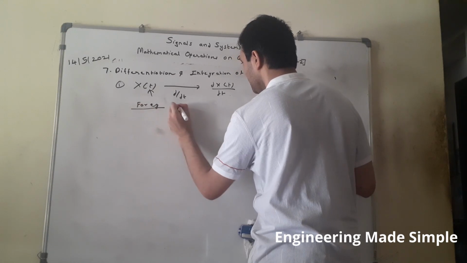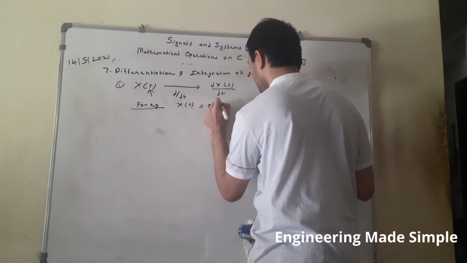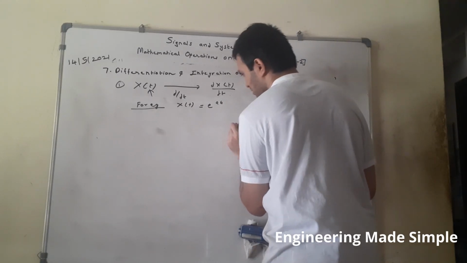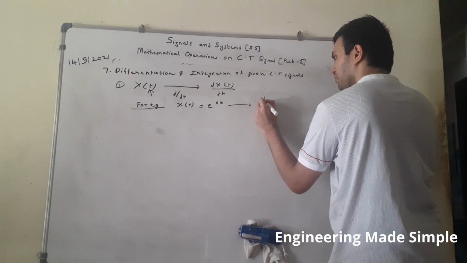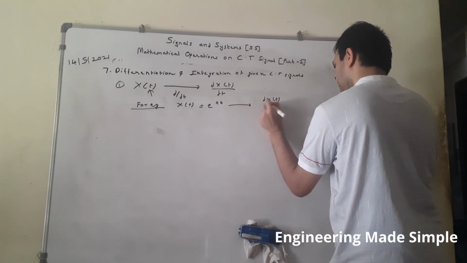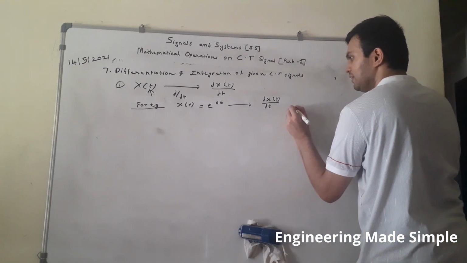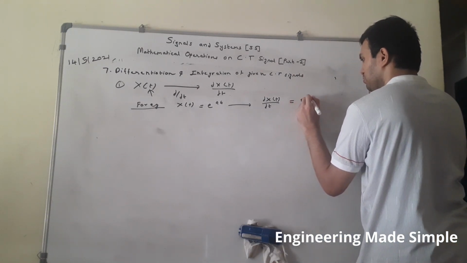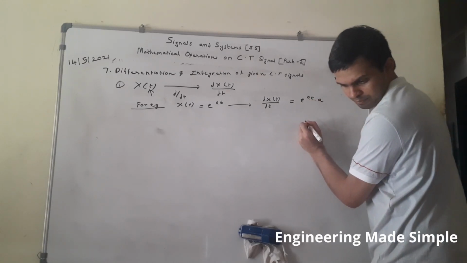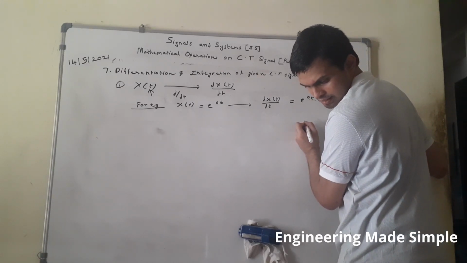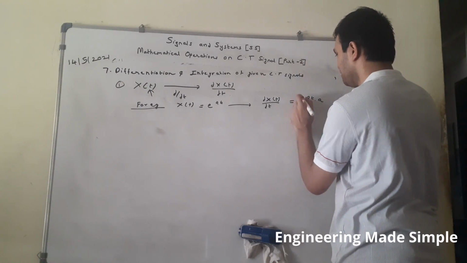For example, we have x of t equal to e raised to at. This is our continuous time signal. Now we are supposed to find its differentiated version, that is dx of t by dt. So how will you find dx of t by dt? It is nothing but e raised to at into a, so a into e raised to at, by the differentiation formula.